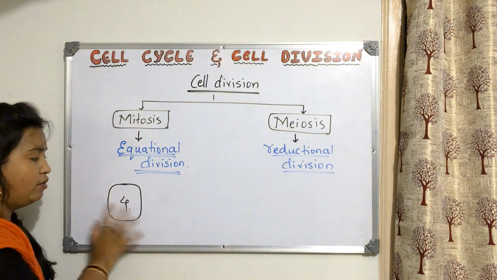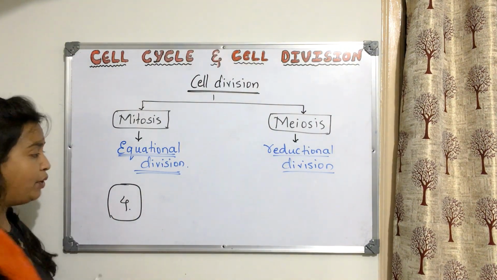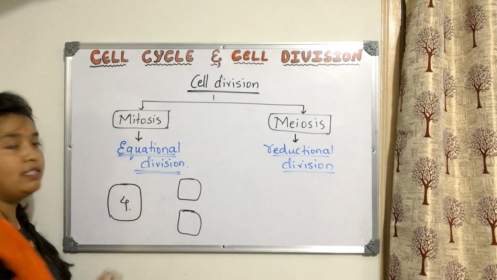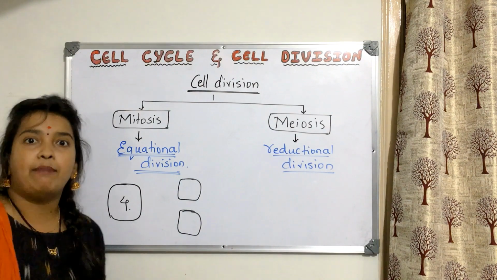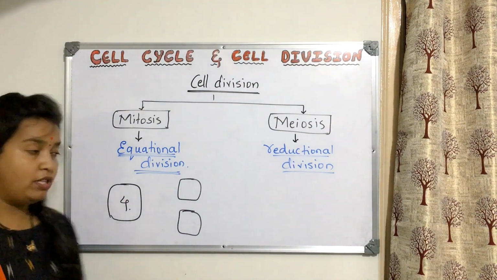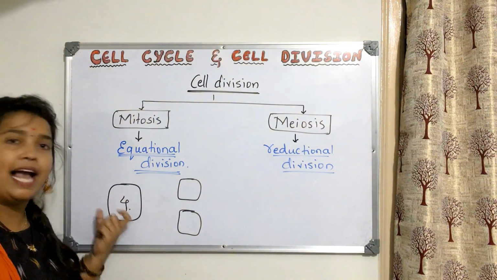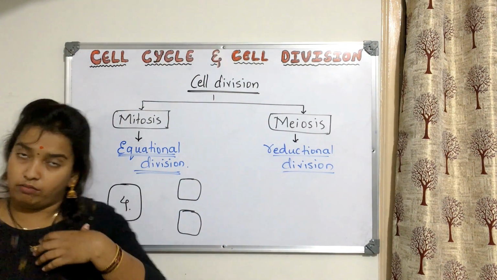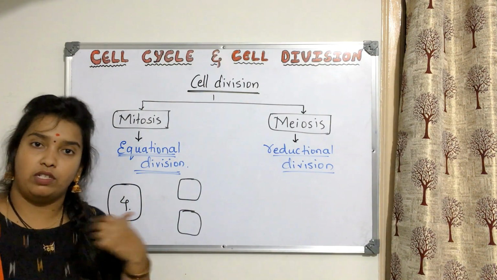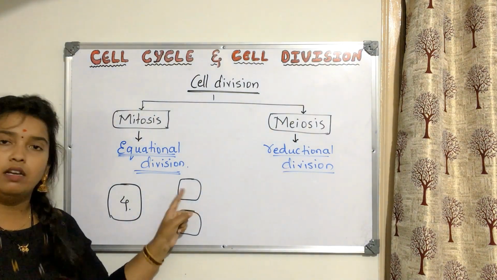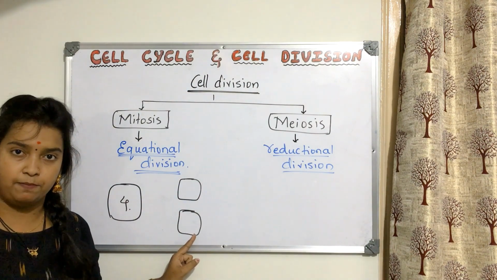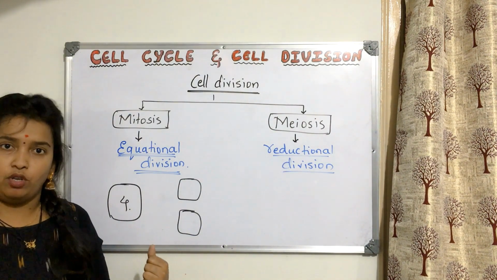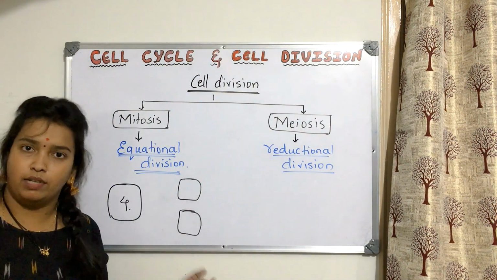Now he has 2 friends and these friends want the same amount of chocolate. What should this person do? He should divide the chocolates and give them. Yes or no? So what will we do? We will give 2 chocolates to this person and 2 to that one, right? According to maths, this is division. 4 divided by 2 is 2, correct?